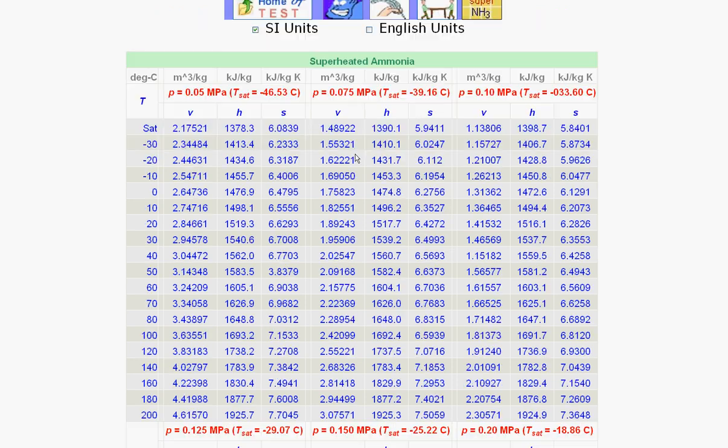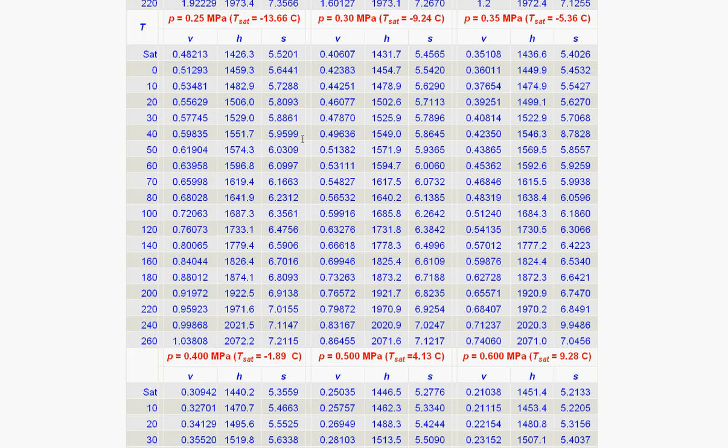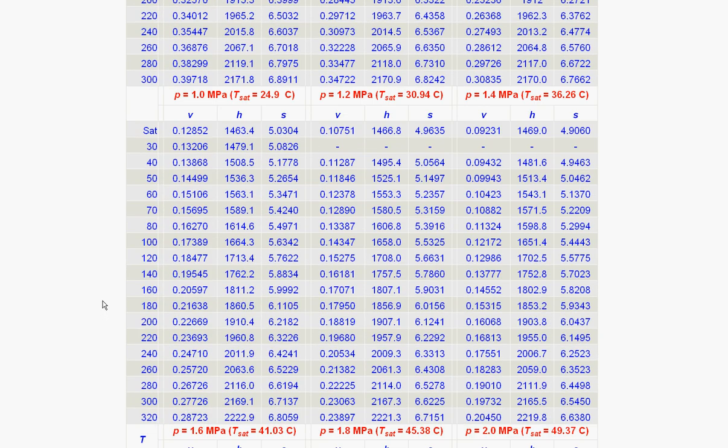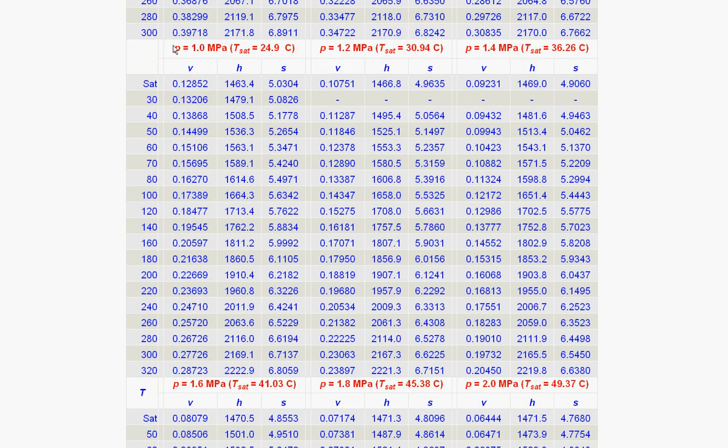So scrolling, looking for 1 megapascal, and I just found it right here. Then I'm just going to go down to 100 degrees Celsius, and then here we go, enthalpy. It is going to be 1,664.3 kilojoules per kilogram. Very simple. And then same thing if I wanted to find specific volume or entropy.